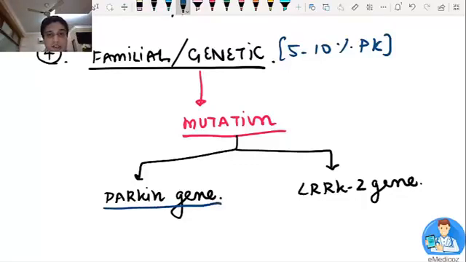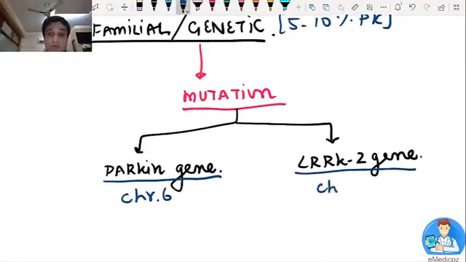For the Parkin gene mutation, it's chromosome number 6, while for the LRRK2 gene mutation, it's chromosome number 12. Another fine point, how does it come down? What ladder does it take? Parkin gene mutation takes the ladder of the autosomal recessive trait. The LRRK2 gene mutation takes the ladder of an autosomal dominant trait.